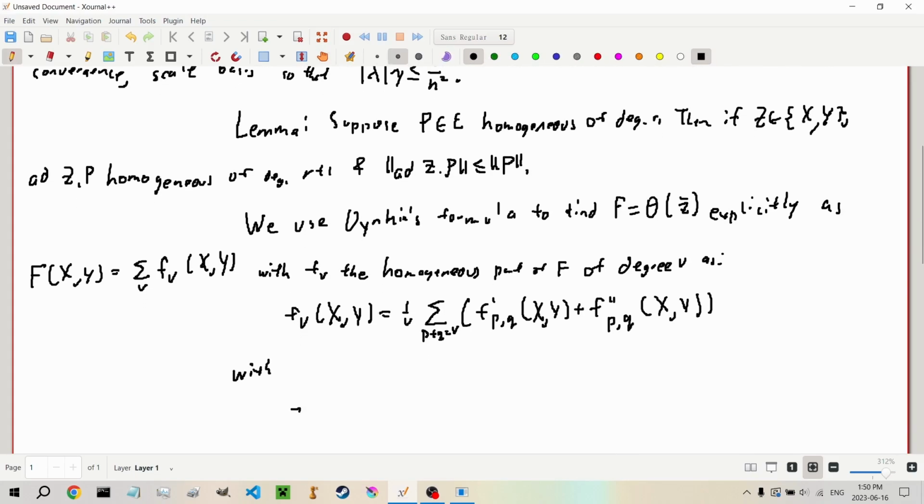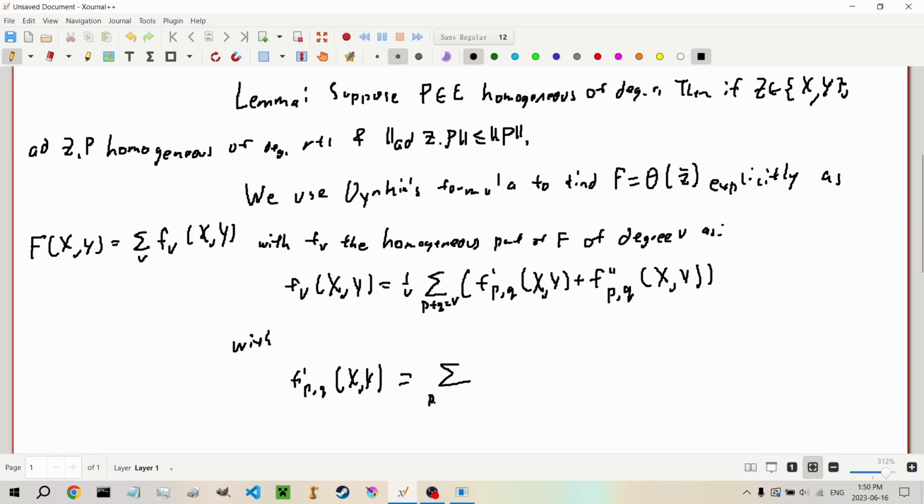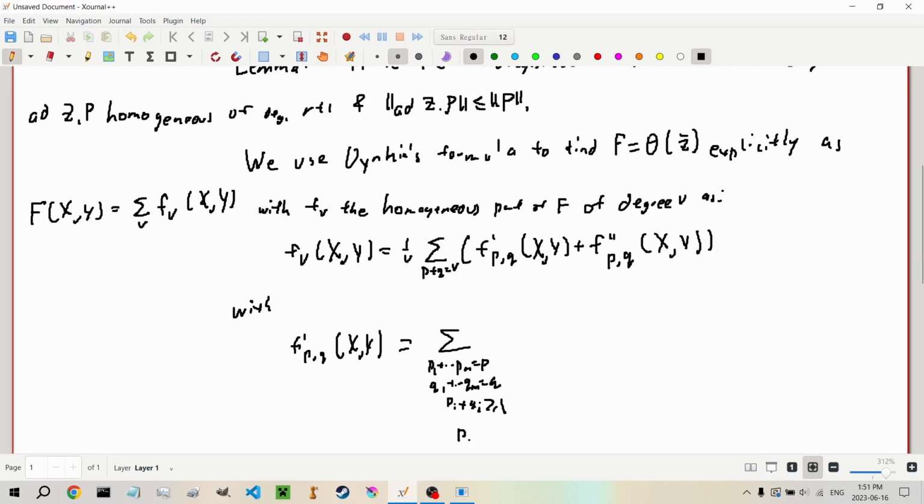So we have f prime pq of x and y being the sum over p1 plus through pm adding to p. We have every way of splitting q1 through qm up into q, where each pi plus qi is at least 1, and our final pm itself is at least 1. And this is our -1 to the m plus 1.